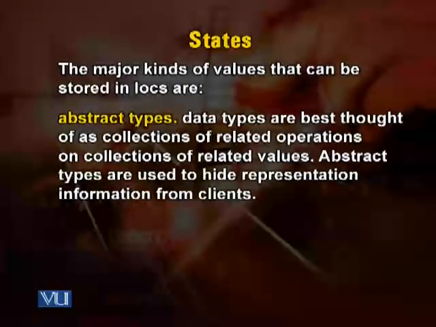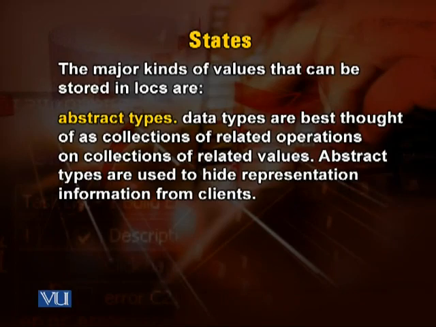Then we have abstract types. These types are data types that are best thought of as collections of related operations on collections of related values. These are abstract types, and they are used to hide representation information from the client. Now we have the notion of abstract data types also. Those abstract data types would be, the state would be stored in the logs.